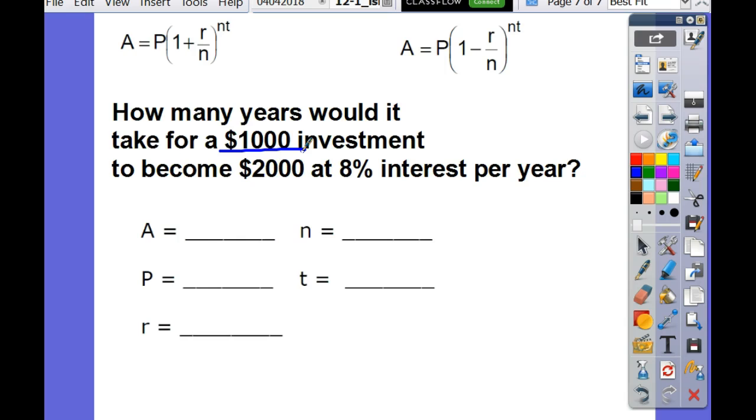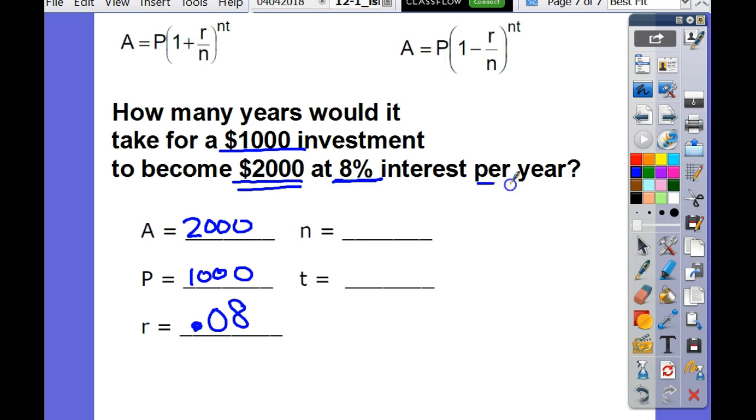So what is this number? It's the starting amount, so it goes in for the principal. The principal is the starting amount. What's this? That is the ending amount. My interest rate in decimal form, I need to divide this by 100 to get my decimal form.